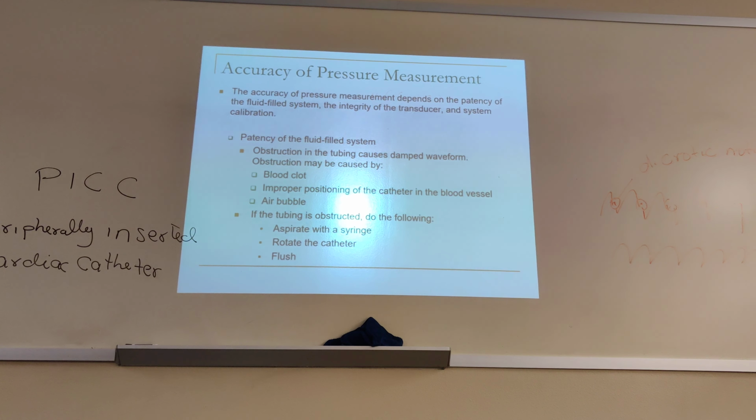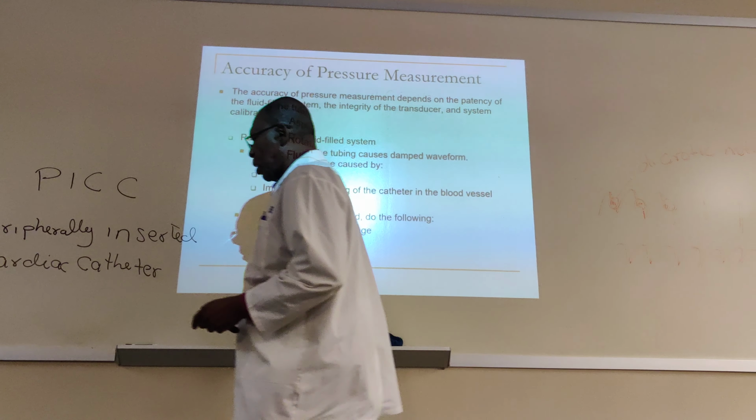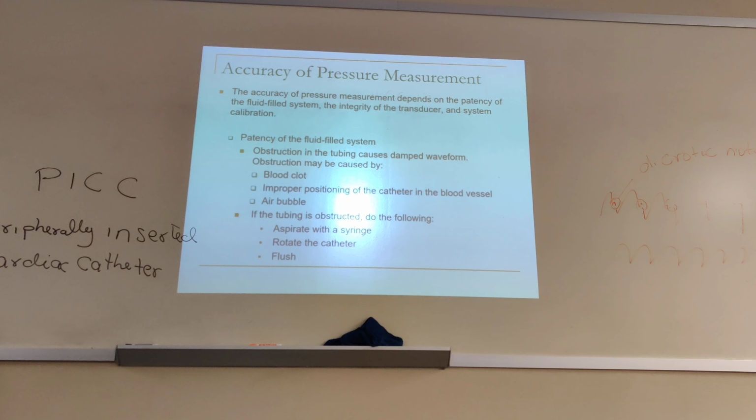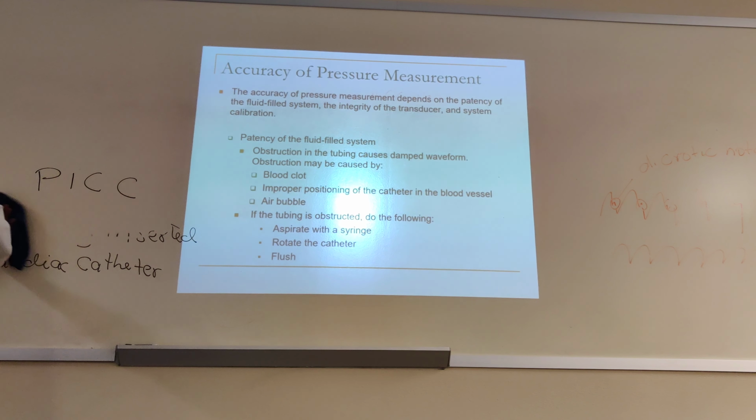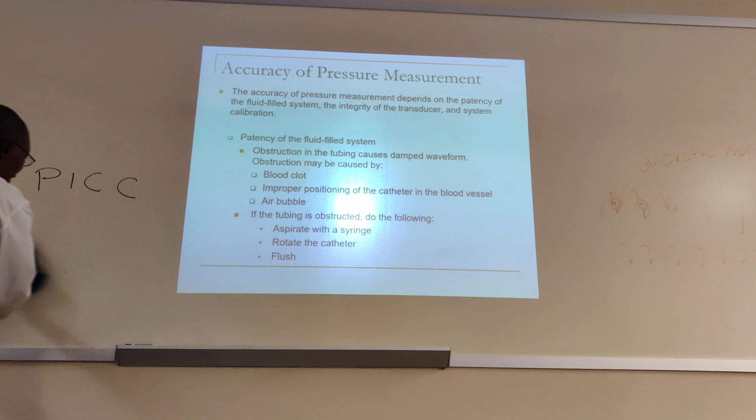That's wrong. So one of the things that can cause an abnormal or damped waveform is obstruction, and that obstruction can be caused by blood clots. A blood clot can develop distal to the tip of the catheter.